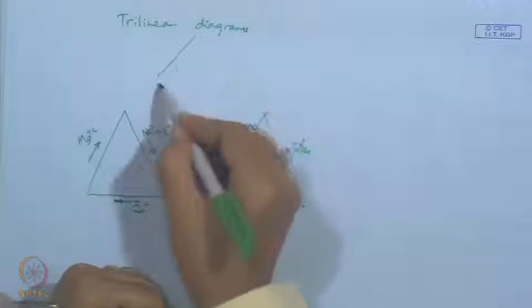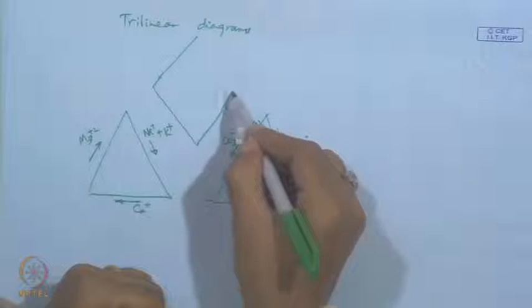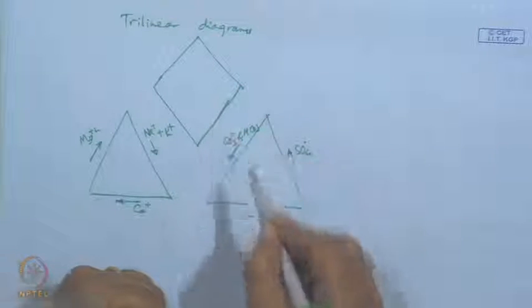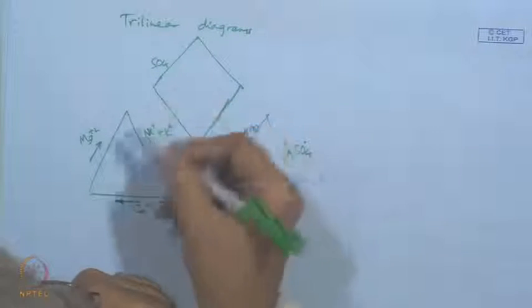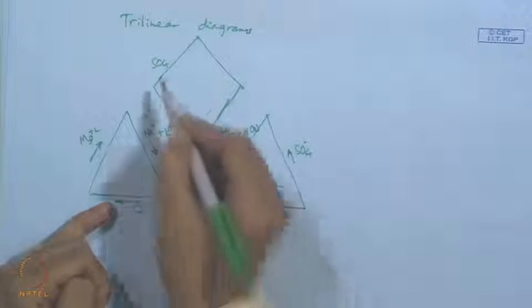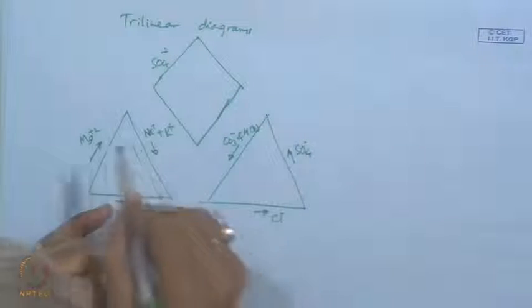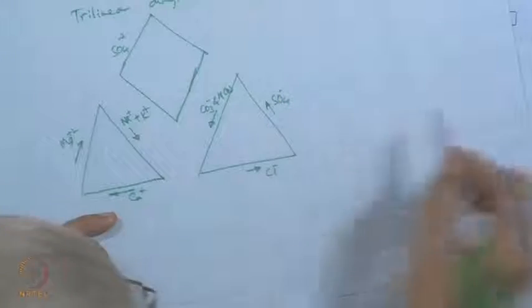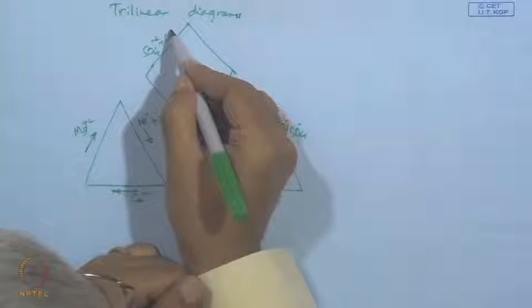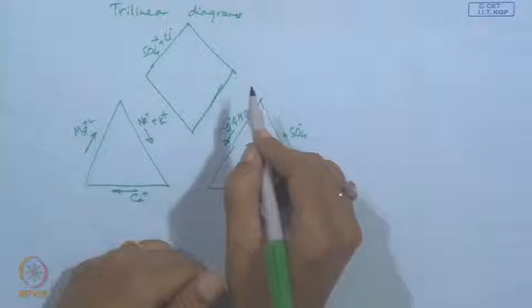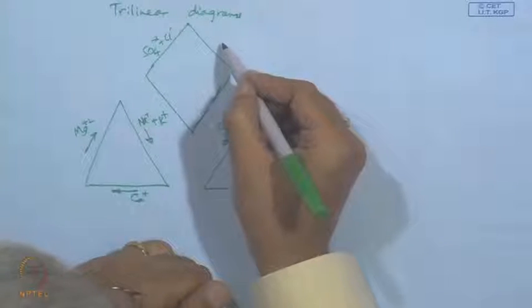In between there will be a diamond shaped diagram which is a combination of both the left triangle and the right triangle. This is SO4 plus Cl, sulfate plus chloride, and here calcium plus magnesium.